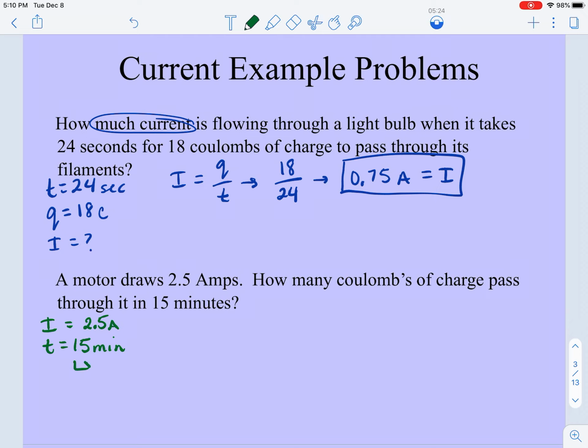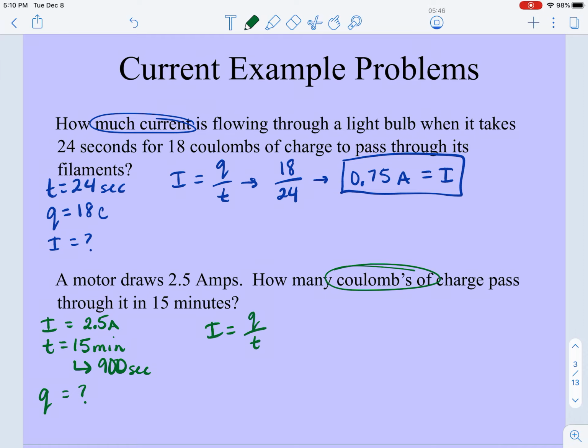So here, my current was given to me as 2.5 amps, and they gave me a time, but they gave it to me in minutes. So I have to make sure that I convert that to seconds. When I convert from minutes to seconds, this gives me 900 seconds.